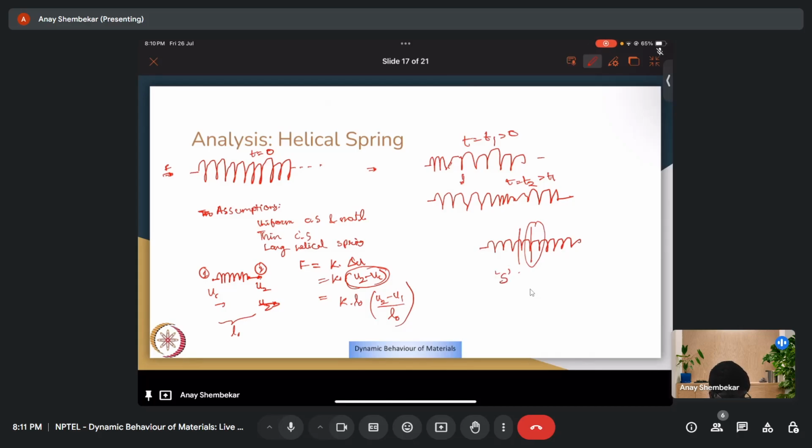Suppose S denotes displacement as a function of the location on the spring, then the force at cross section A dash would be K times the relative change of displacement just before and after the cross section, the force at A dash.